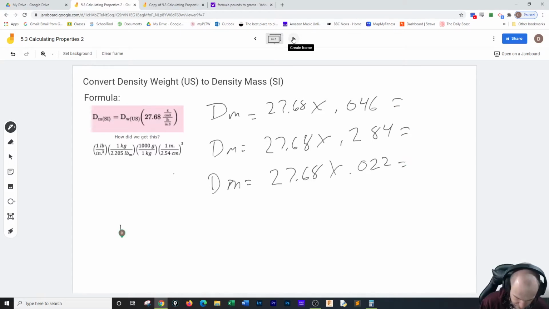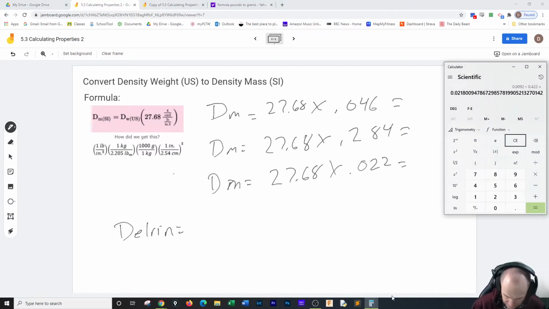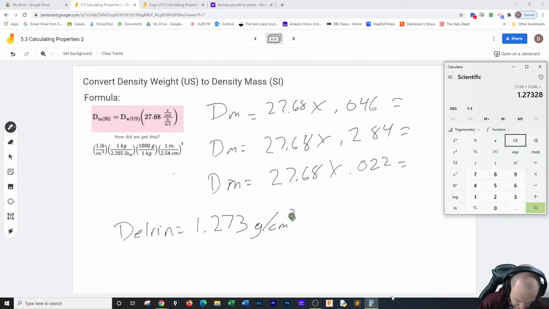So if we multiply this out, we're going to get Delrin equals 27.68 times 0.046, and we get 1.273 grams per centimeters cubed.